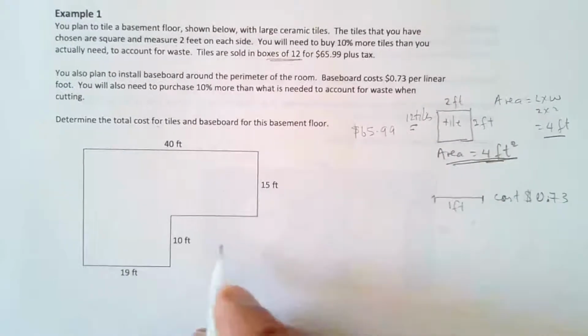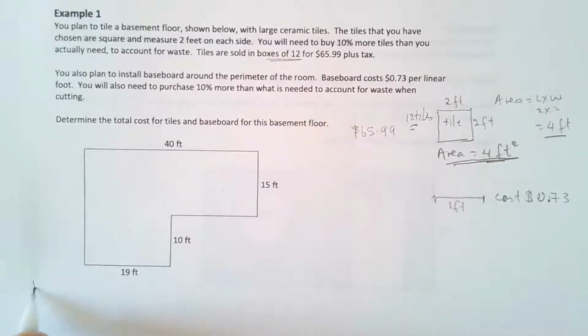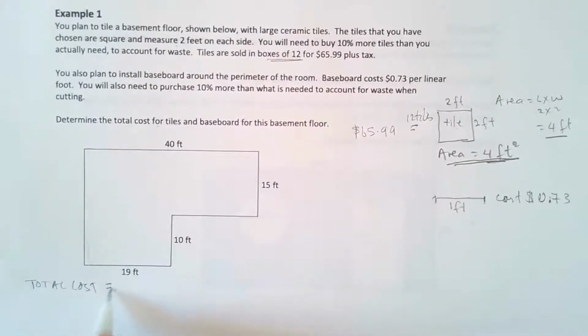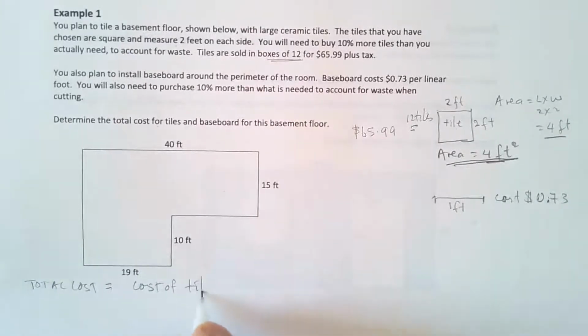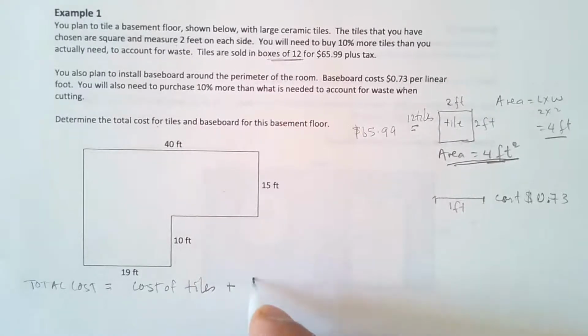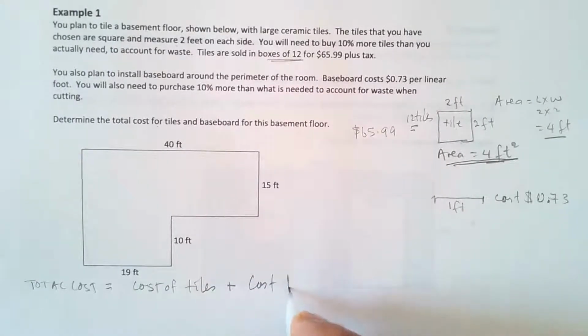So we can put that at the beginning here. So total cost will be the cost of tiles plus cost of baseboard.